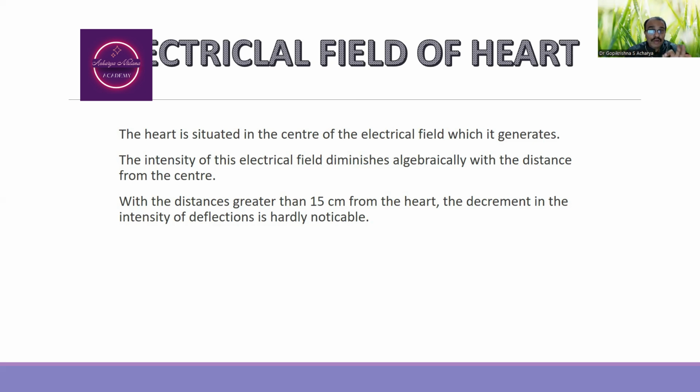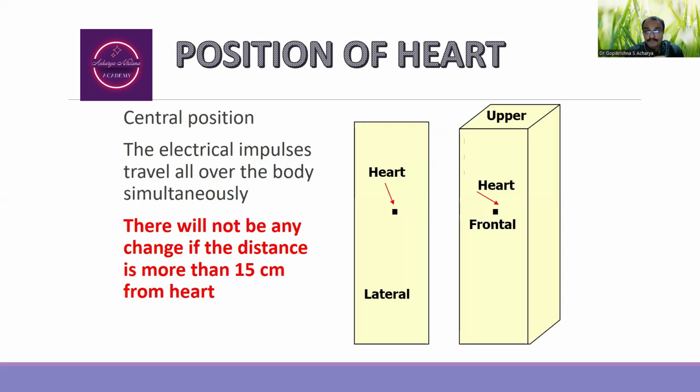This one we have to remember, where we are going to think of how Einthoven's triangle is developed. This particular principle will be helpful in determining the application of Einthoven's triangle. When you think about the position of the heart, it is the same.